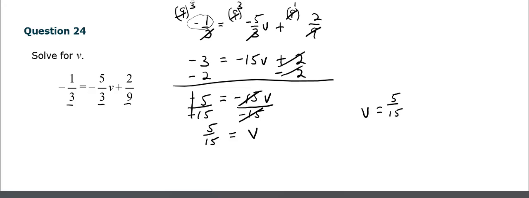So there is something that goes into both 5 and 15, and that would be 5. So I'm going to reduce by dividing 5 out of both the numerator and denominator. And that would give me 1 over 3. So my final answer would be v equaling 1/3.